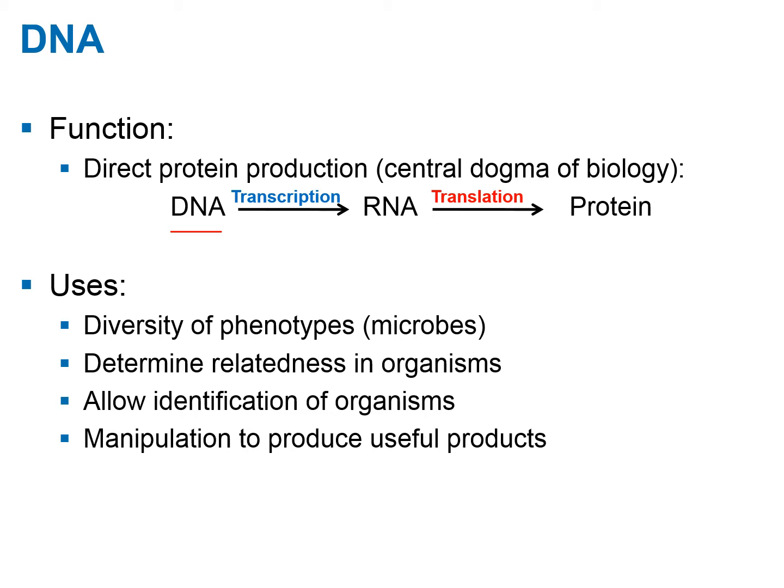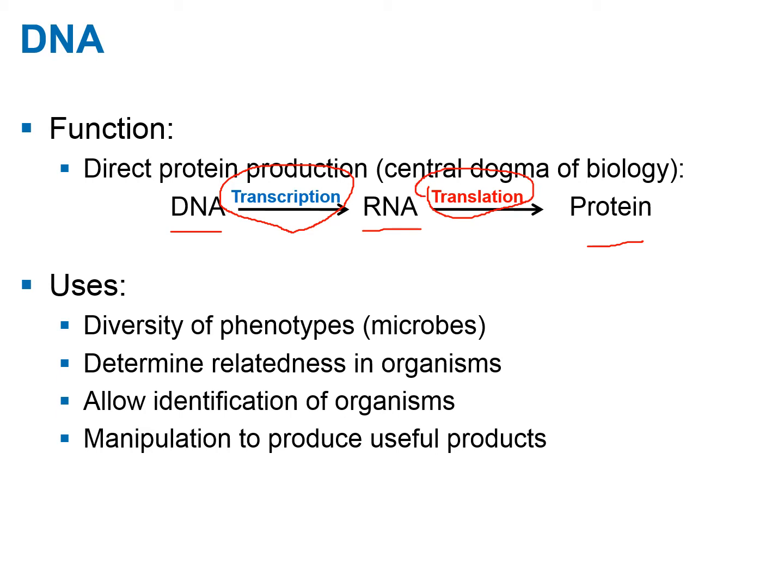To get from DNA to protein, however, you have to do two processes. The first one is called transcription. Transcription copies a DNA sequence into a related molecule called RNA. RNA is the molecule of protein synthesis. RNA gets converted into protein via a process called translation.